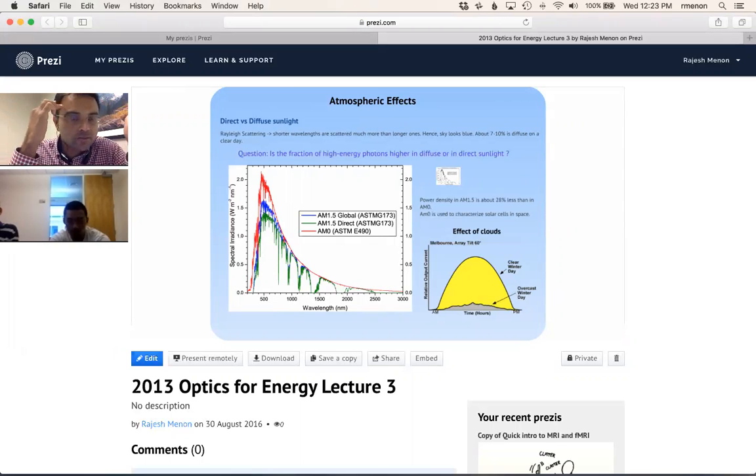So that's why it looks more reddish. Why is it scattered? Because the atmosphere will scatter light, but it will scatter in a wavelength dependent manner. Short wavelengths are scattered more efficiently than long wavelengths.